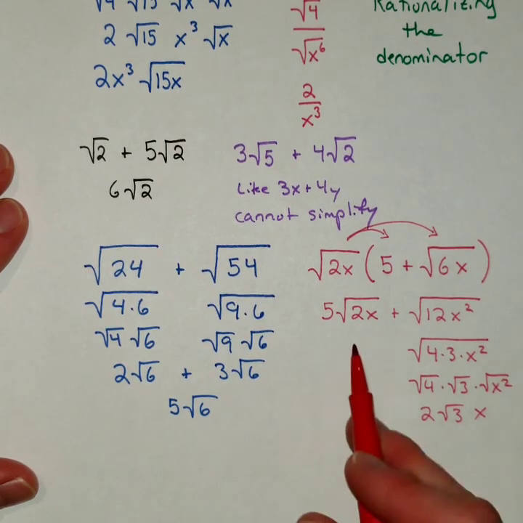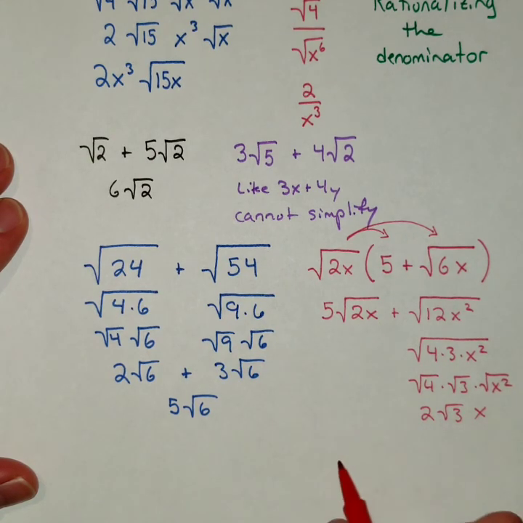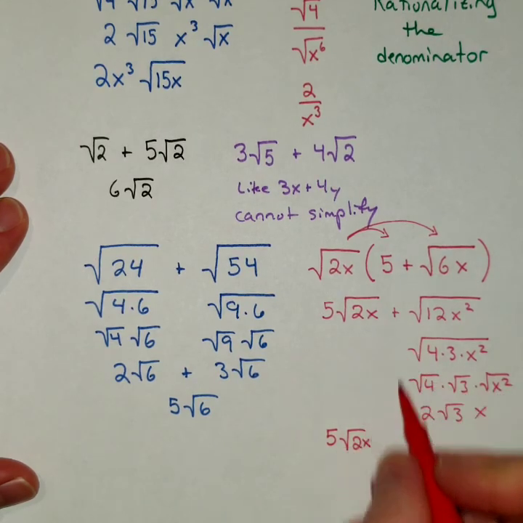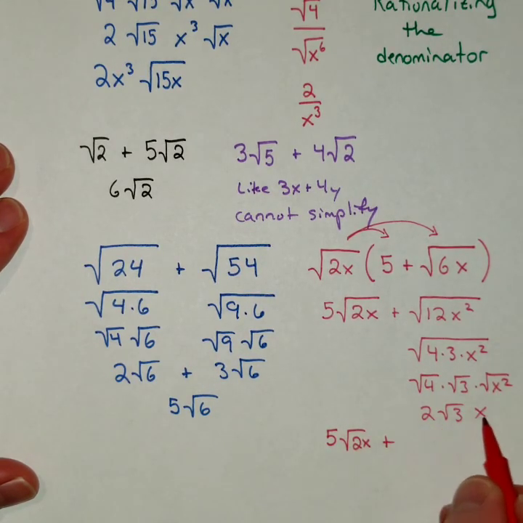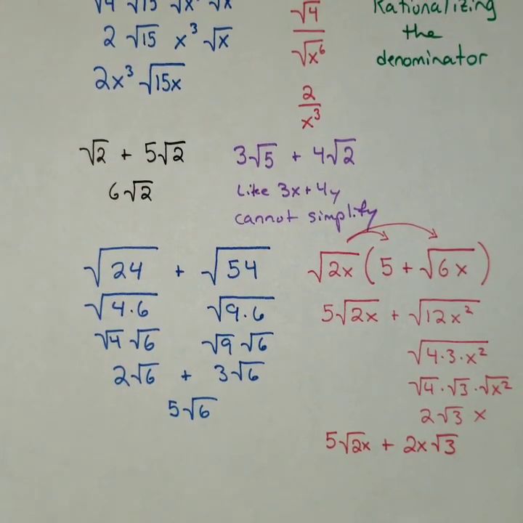And so if I bring everything down for my final answer, I have 5 root of 2x plus 2x times the square root of 3. That would be my final simplified version. Okay.